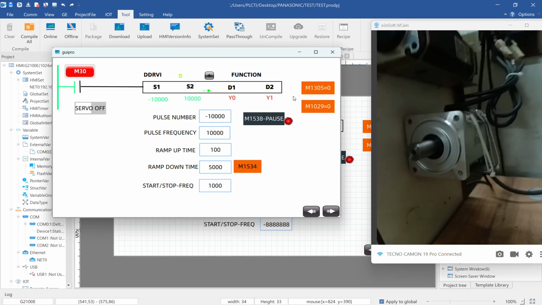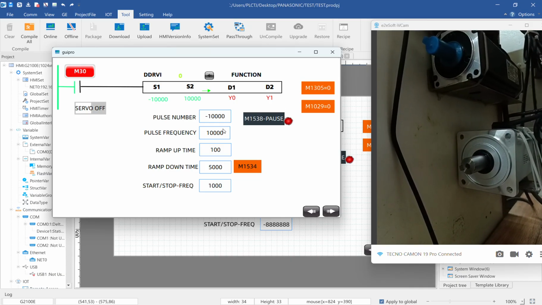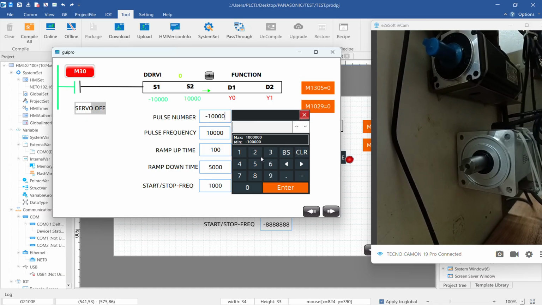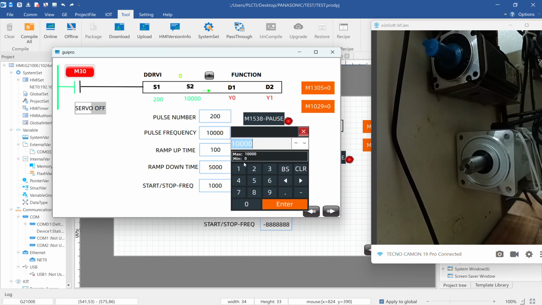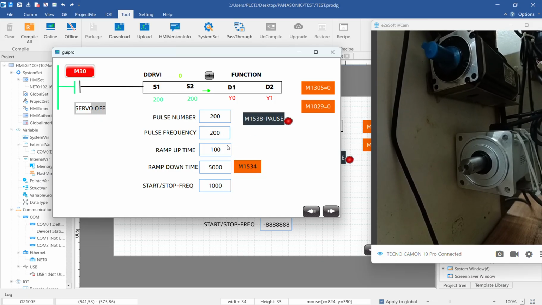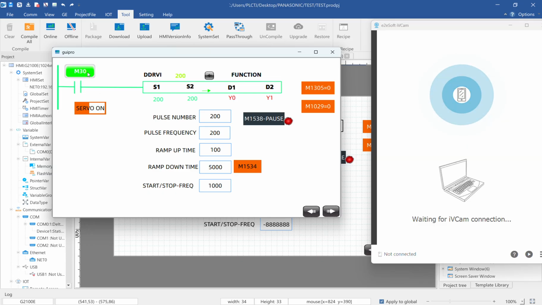This is my drive now. One rotation's pulse number I can give, and this is the frequency. Ramp we will see after. First I turn on the servo for one rotation.